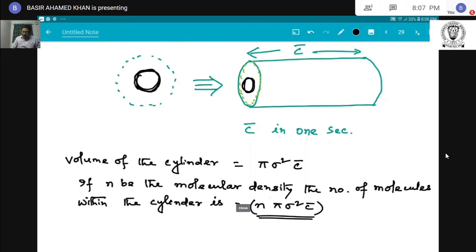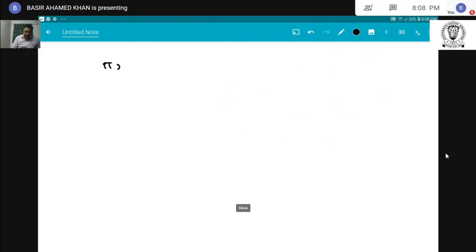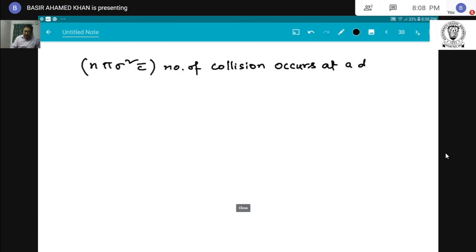It is obvious that n pi sigma square c bar collisions occur within 1 second, at a distance equal to c bar.